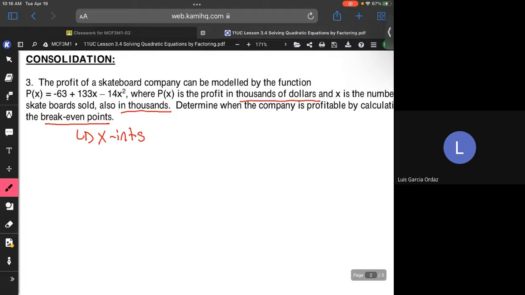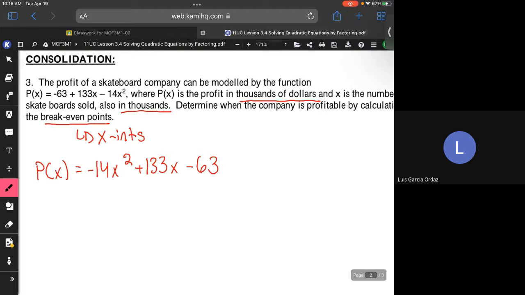So I'm going to rewrite this differently. Remember, I always want the X squared first. So P of X is equal to negative 14X squared plus 133X minus 63. Is there any number I can factor out first? Remember, I always want my X squared to be positive.